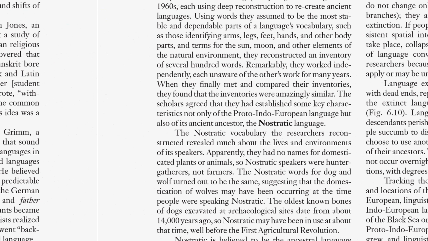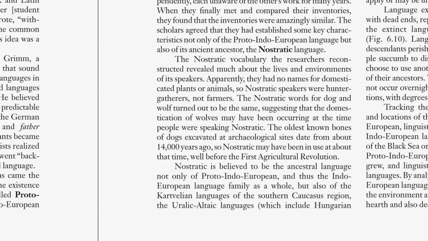The scholars agreed that they had established some key characteristics of not only Proto-Indo-European, but also of its ancestor, the Nostratic language. So go ahead and also read this section where it talks about the Nostratic vocabulary, because I wanted you to be a little bit familiar with those people and the work that they did in case I ask you questions about that.